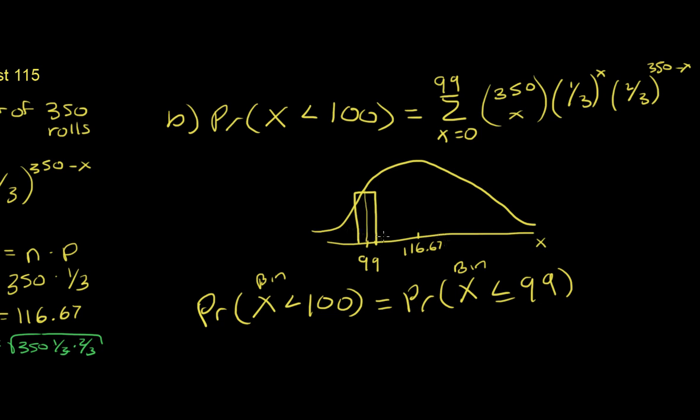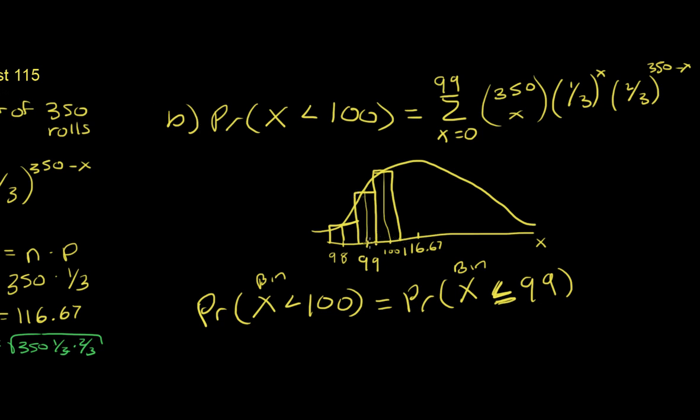Over here would be 100, and over here would be 98. I can draw those two little blocks too. Okay, so we want the probability that x is less than or equal to 99.